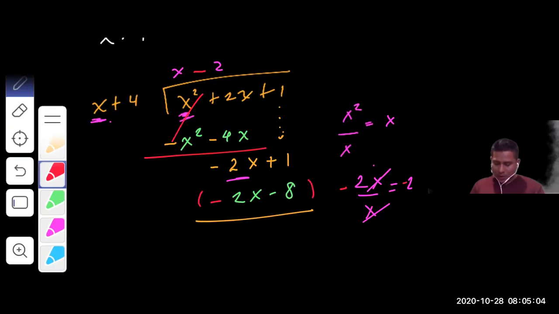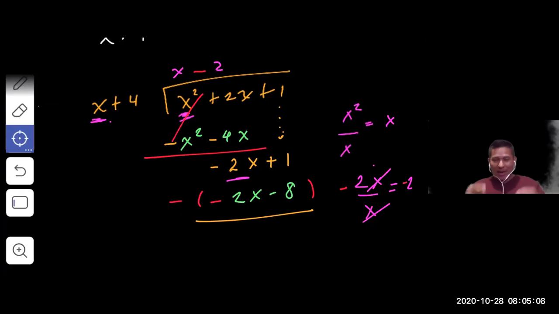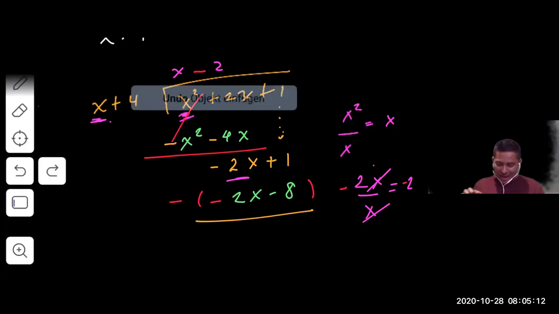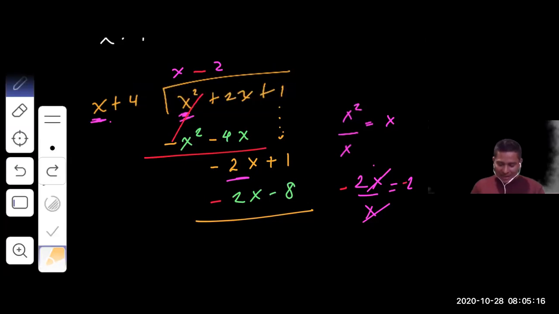That is what we do with the division. But instead of having this negative, guys, what I do is I use the distributive property and I change the sign. This is negative, it's gonna turn into positive. This is negative, positive. That's the idea. Instead of having a lot of things there.